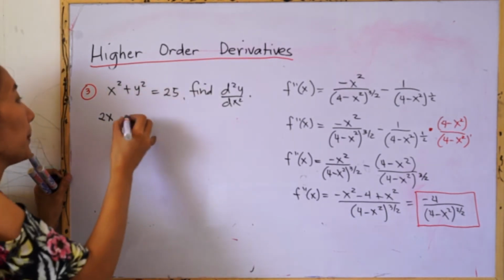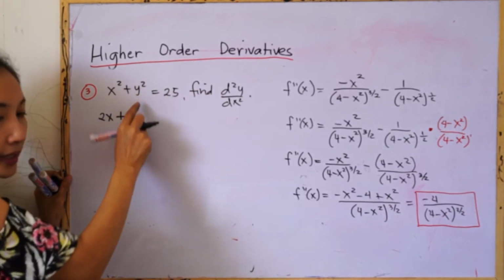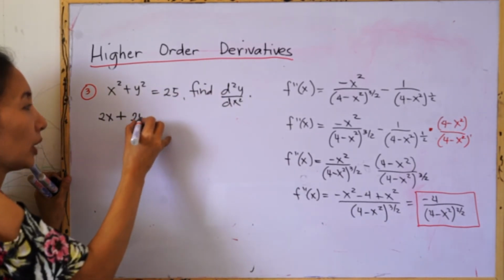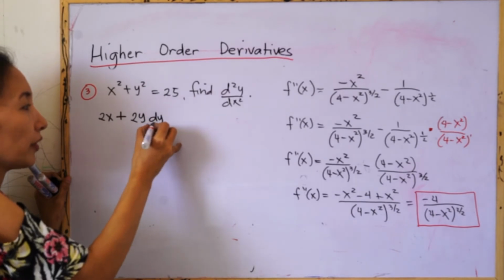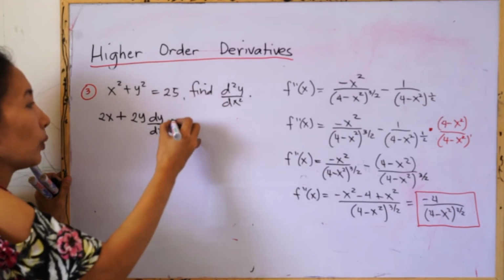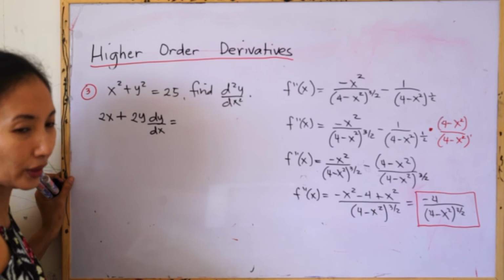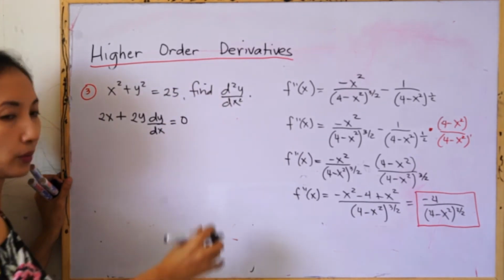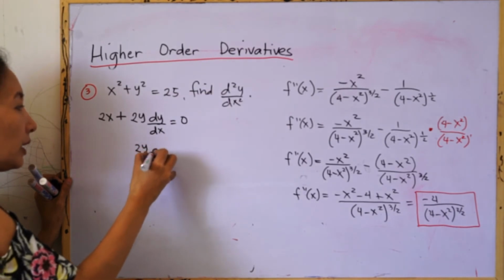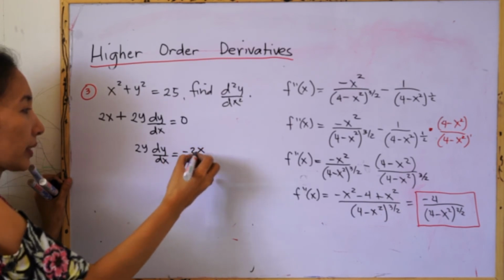Plus, derivative of the second: it's y that we are differentiating with respect to x, so not only 2y, but you have to affix dy over dx. Equal to the derivative of 25, which is 0.